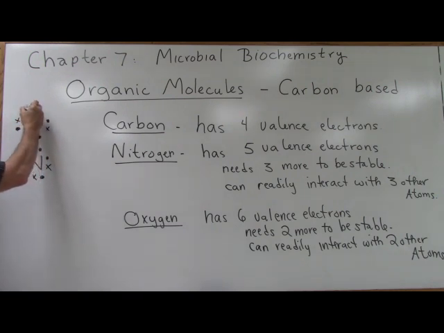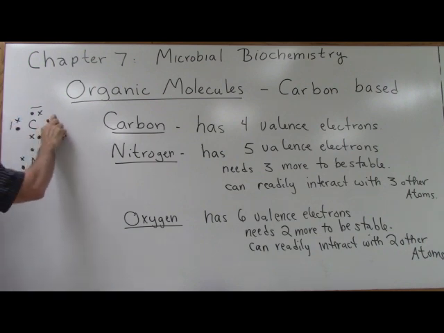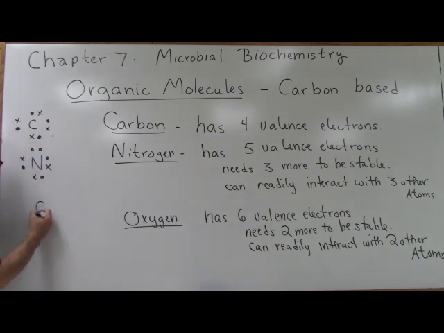So carbon 1, 2, 3, 4. Nitrogen 1, 2, 3. And now oxygen is down here, and it has 1, 2, 3, 4, 5, 6. And so it just needs 1, 2 more valence electrons.